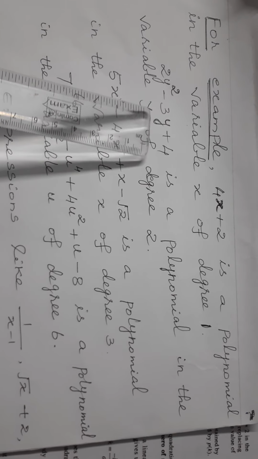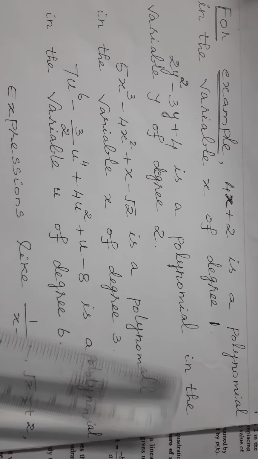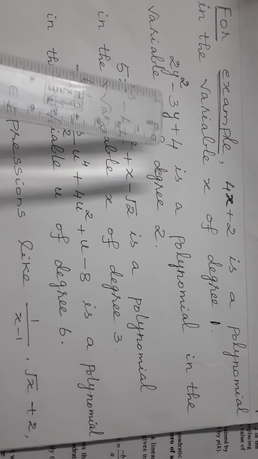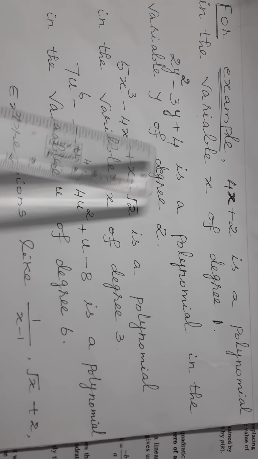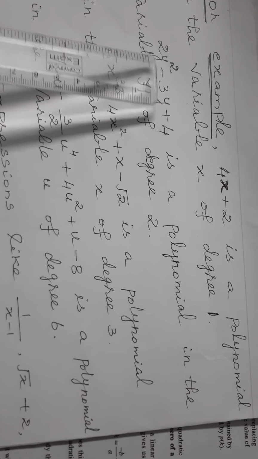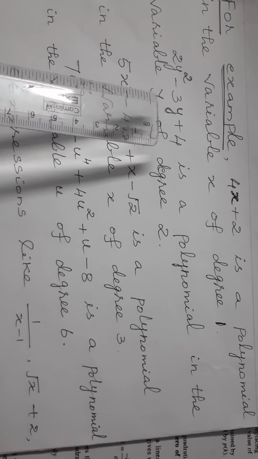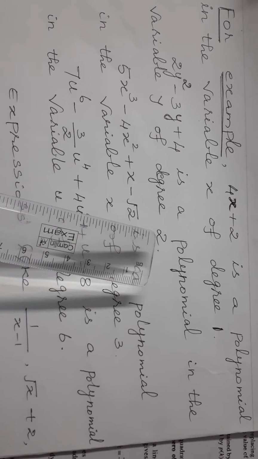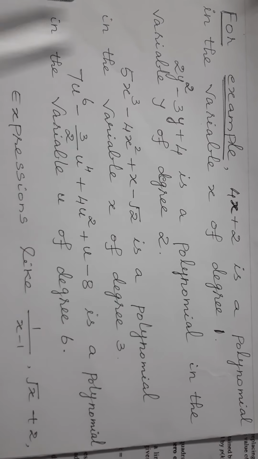Take this example, 2y square minus 3y plus 4 is a polynomial in the variable y of degree 2. How is this possible? See the polynomial. The highest power of the polynomial is 2. So this is called quadratic polynomial.